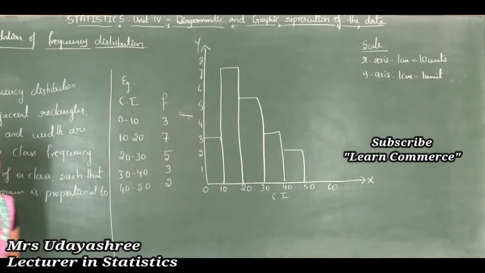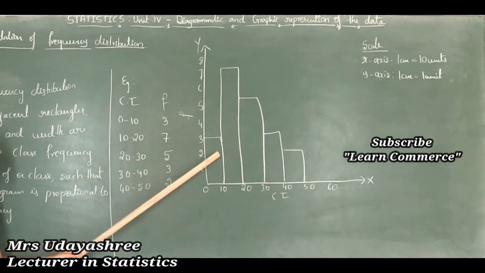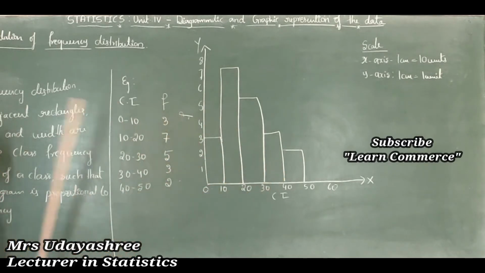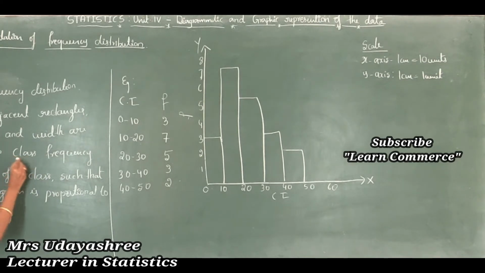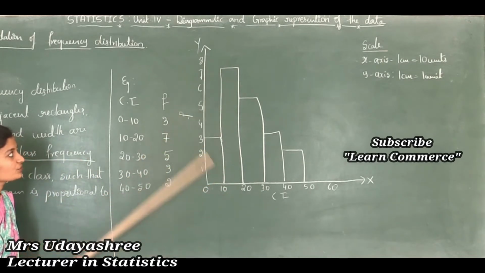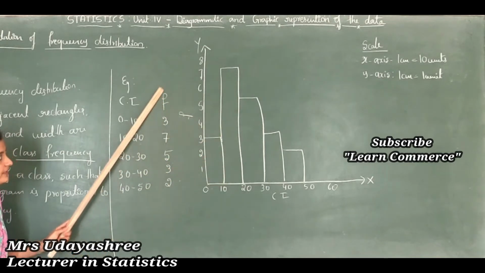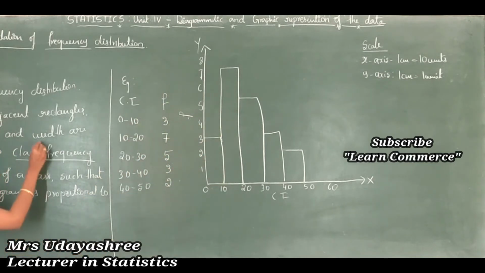Now let's see the definition of histogram. It is a set of adjacent rectangles, and their height and width are proportional to class frequency and width of a class. These heights are proportional to class frequency, and the width, which is 10 here, is proportional to the width of a class.